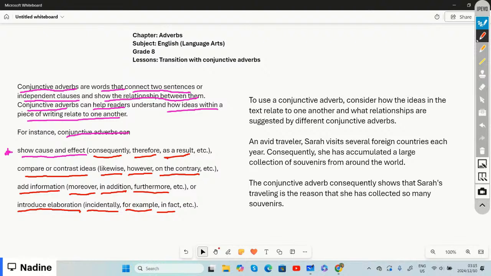And in order for us to use the conjunctive adverb, we need to consider how the ideas in the text relate to one another and what relationships are suggested by different conjunctive adverbs.